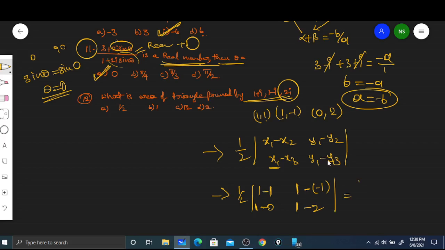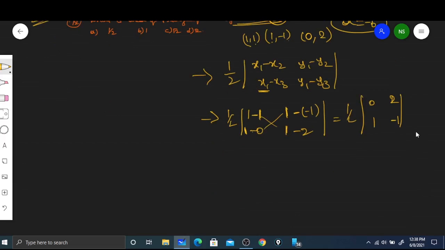So finally we get 1 by 2 into the determinant with rows 1 minus 1, 0 and 1 plus 1, 2, that is 0, 2 and 1, minus 1. Finding the determinant, AD minus BC, we get 0 minus 2. So 1 by 2 into 2, which is nothing but 1 square unit.